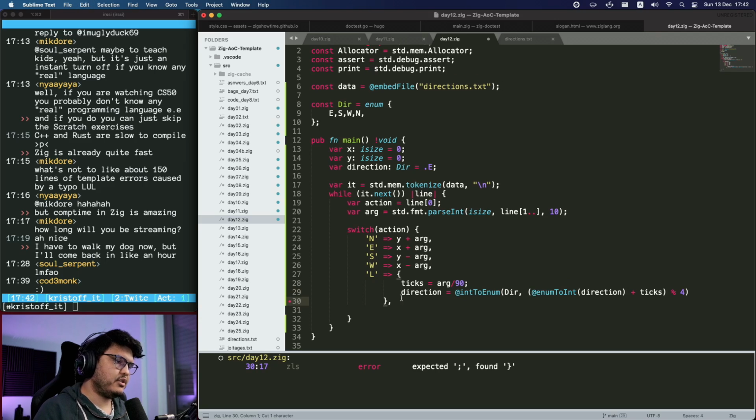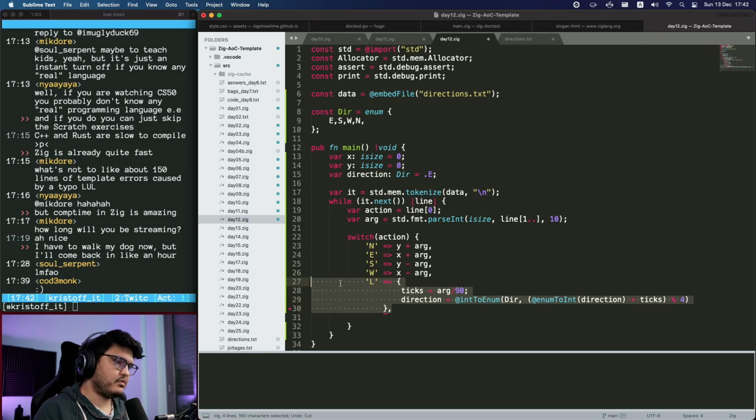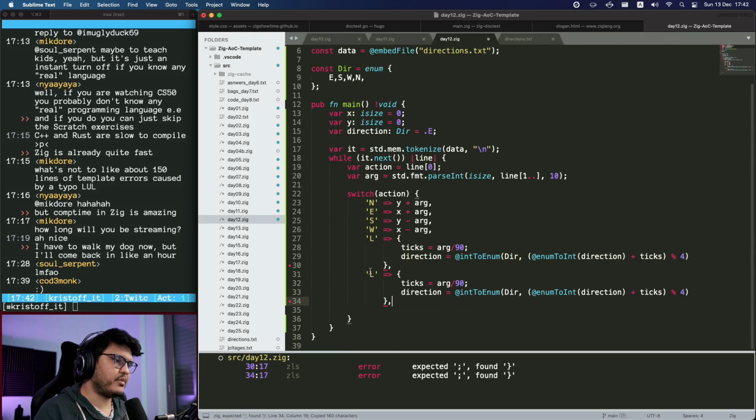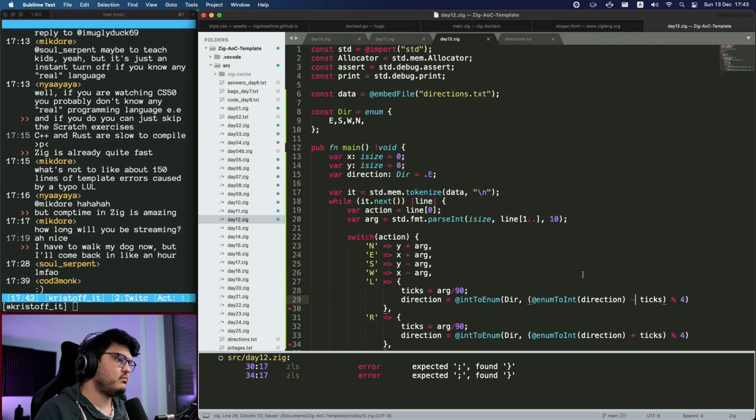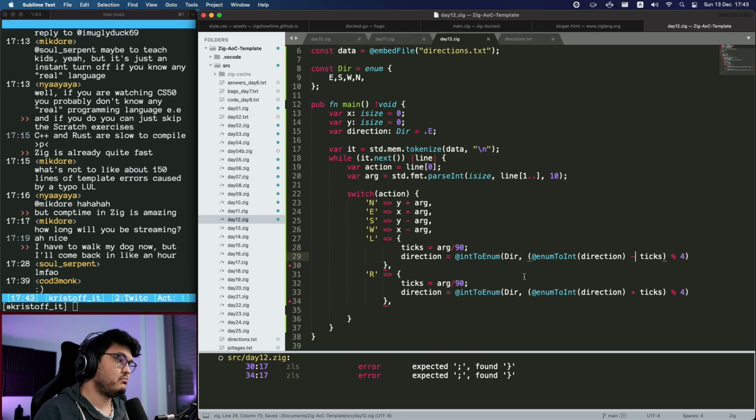With right, it should be the same, except that the sign changes. So let me think about the sign for a moment. Actually, right is this. Left is minus. Is this modulo what I want?